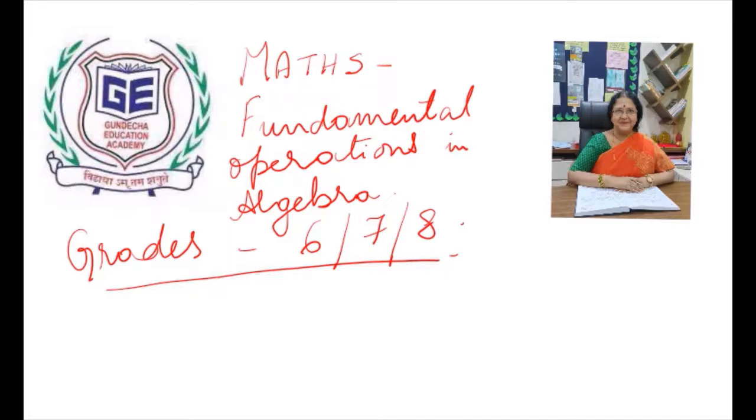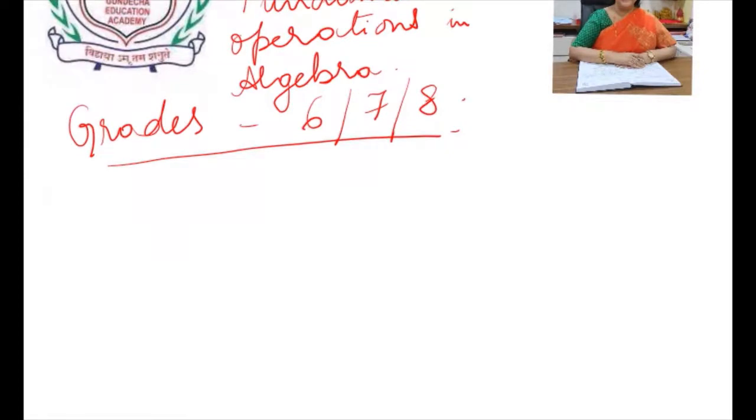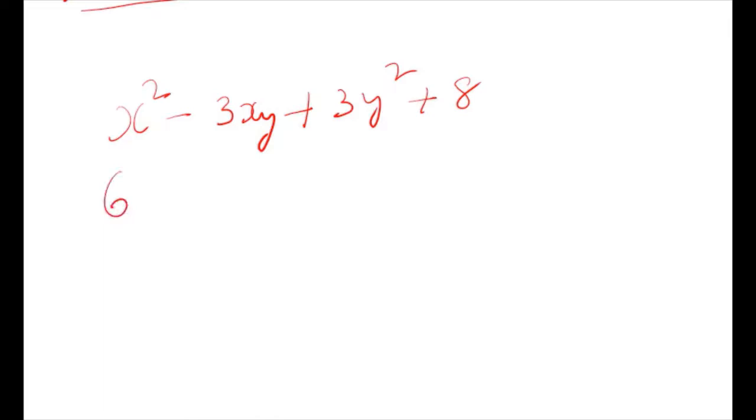Okay. So now you all must have heard of algebraic expressions. For example, x square minus 3xy plus 3y square plus 8 is an example of an algebraic expression. Say 6xy plus 2xz plus 3yz or zy.